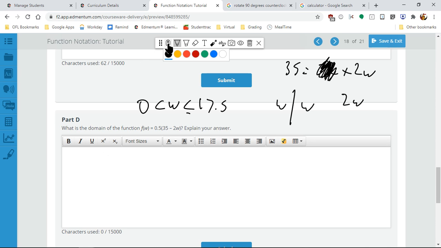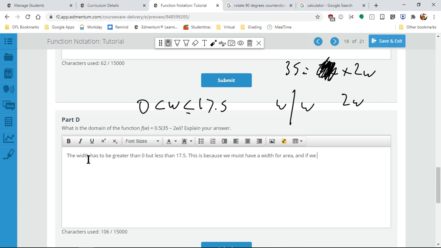So what we're going to do here is say the width has to be greater than 0, but less than 17.5. This is because we must have a width for area.